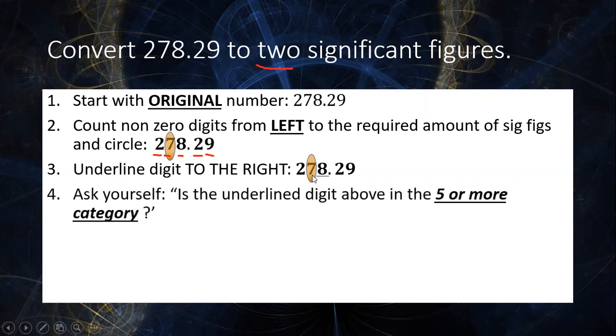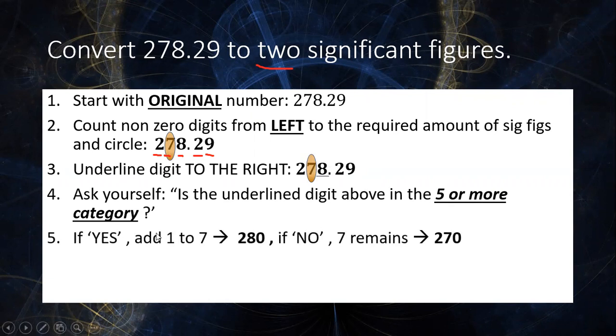Then ask ourselves, is the underlined digit in the 5 or more category? Is 8 in the 5 or more category? If yes, we add 1 to the 7 and we have 280. If no, 7 remains and the answer will be 270.